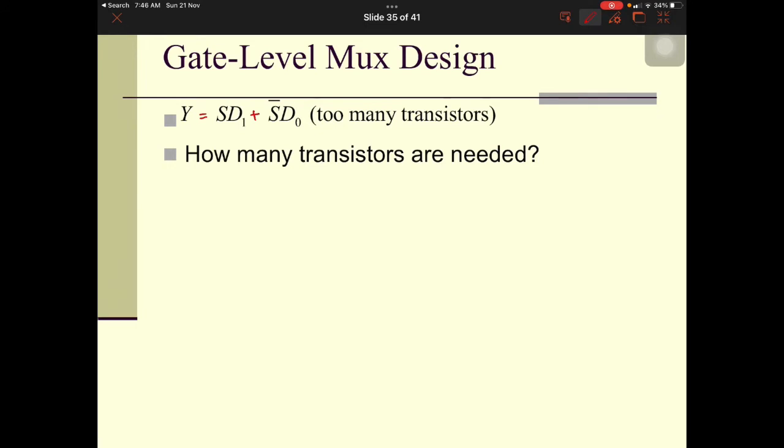So how many transistors are needed over here? So you can draw this Y into the gates. So in this one you will have the AND gate. So this is S and this is D1, and you have another AND gate here, S bar and D0.